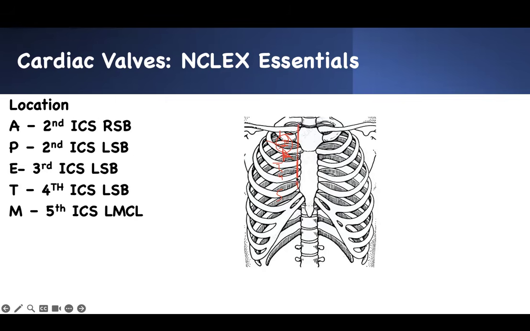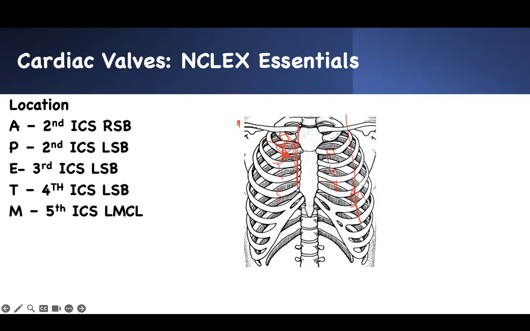On the right side of the sternal border. Your right side is the left side of the patient, and therefore the patient's right side will be the left of you. So this is the aortic, and then the pulmonic is the second intercostal space on the left side. So this is where the pulmonic is, with the Erb's point here, and tricuspid is the fourth intercostal space, while the mitral valve is the fifth at the mid-clavicular line.